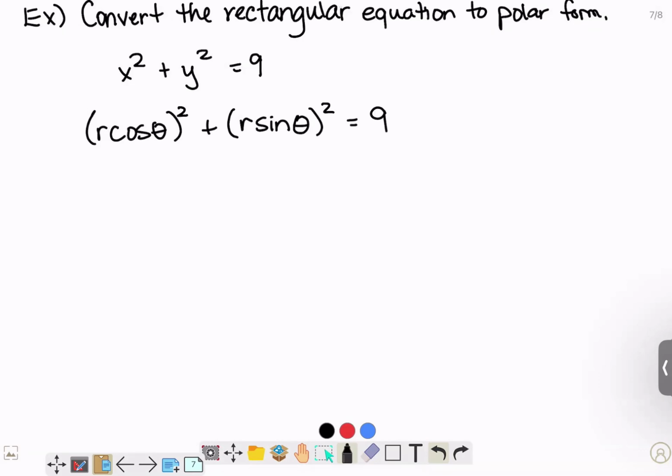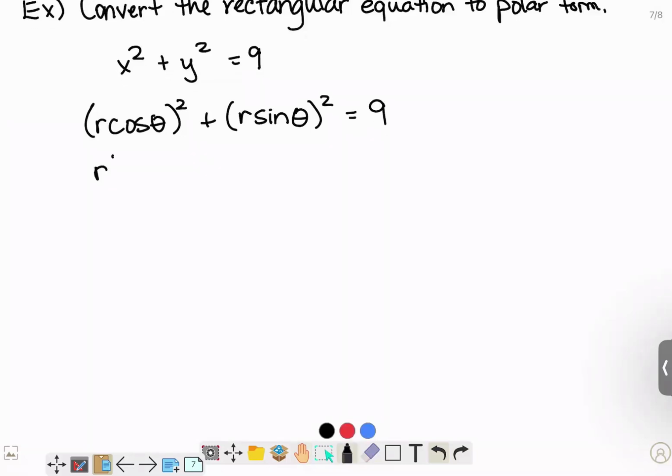And now I'm just going to simplify and solve for r. So here I'm going to get r squared cosine squared, and then r squared sine squared. And I'm going to try to simplify this. So I see r squared in both terms, so I'm going to factor that out.